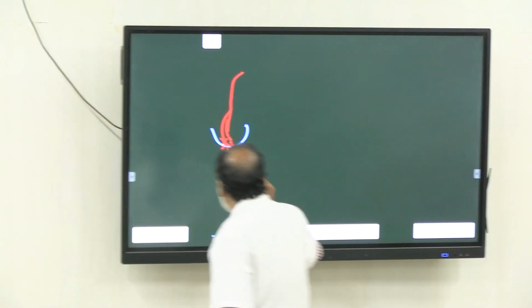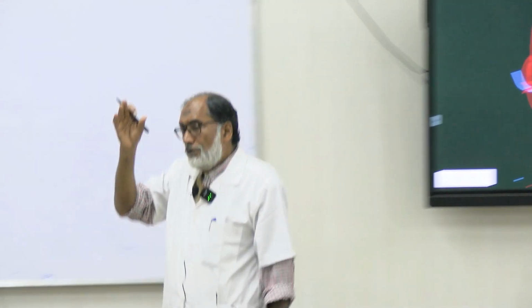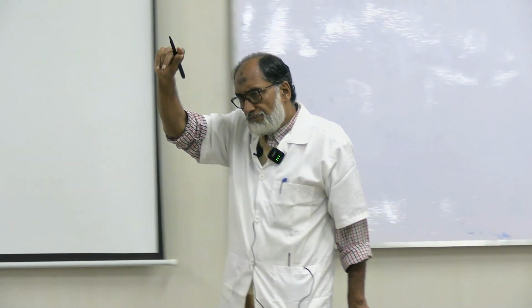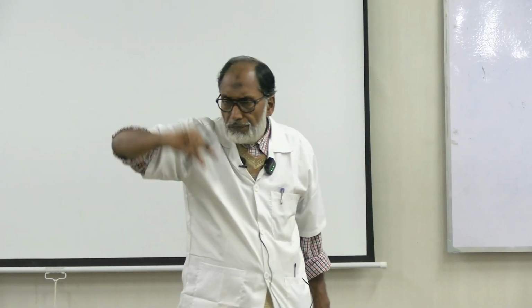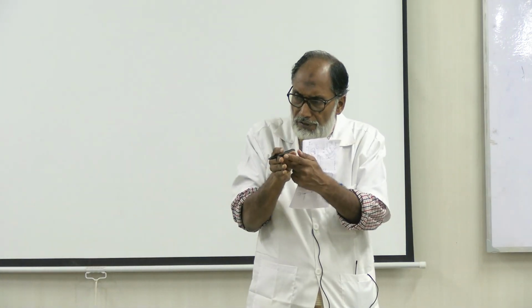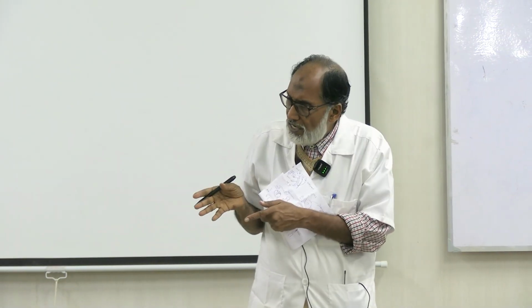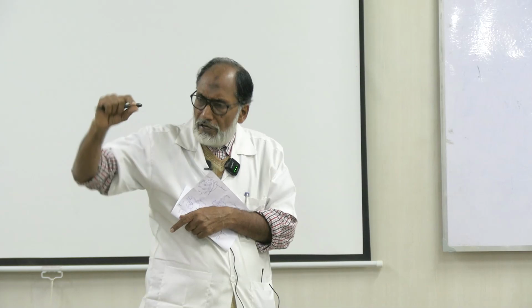Another artery, that is called... when the brachial artery is divided into two terminal branches, one is radial, one is ulnar. Ulnar will again give a branch that is called interosseous, common interosseous.